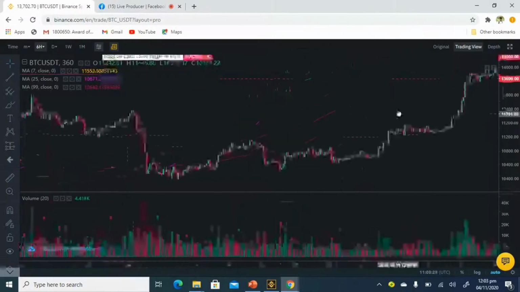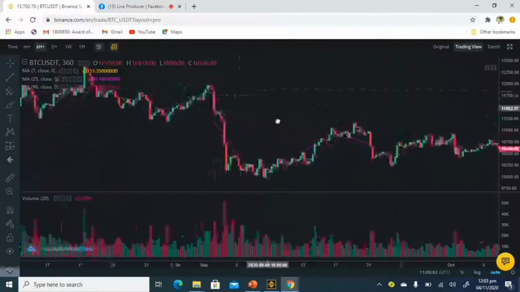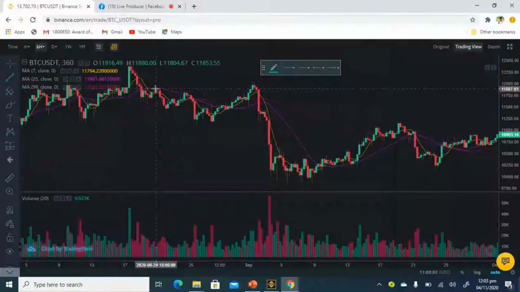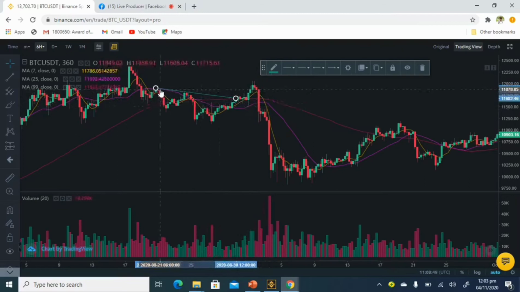And also there can be a downtrend line. Let me just use this as an example. Maybe something like this. Okay, so you see that along this line here, there's a downward movement of price.